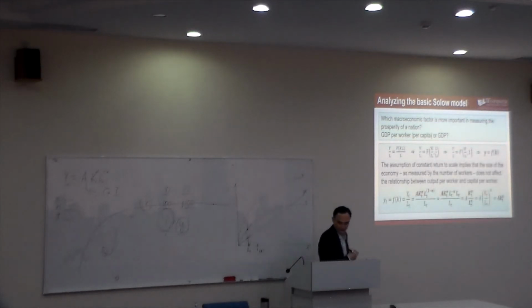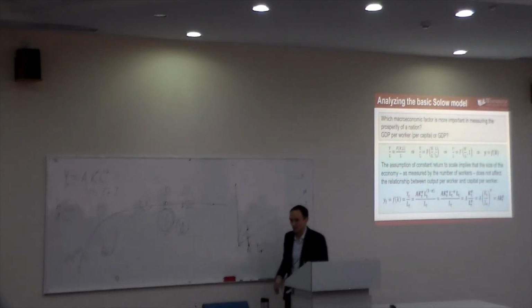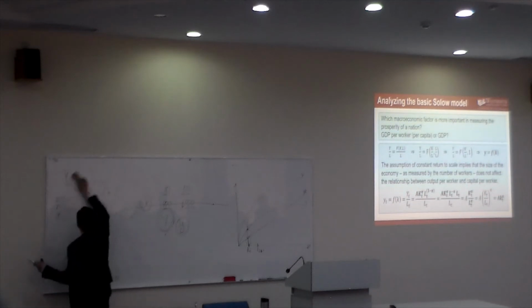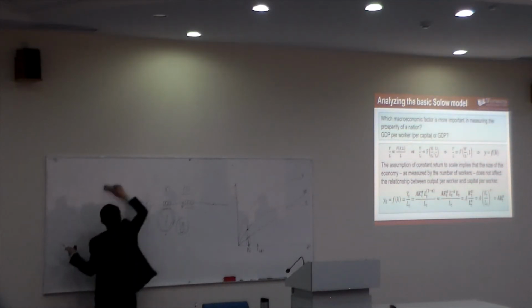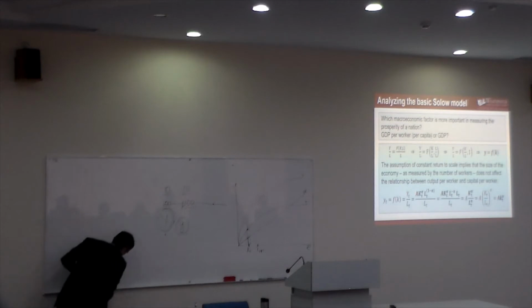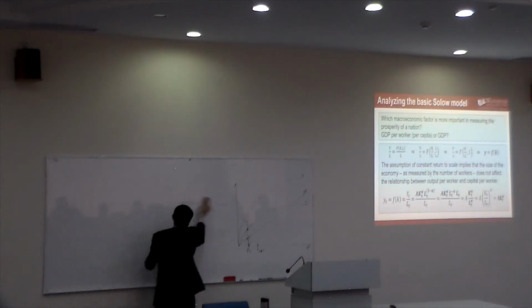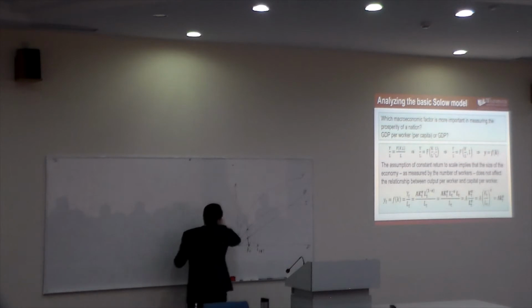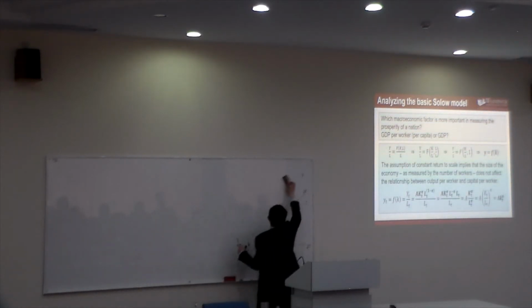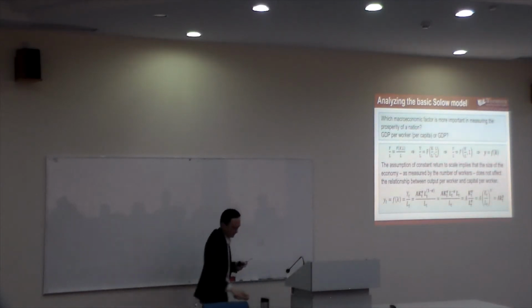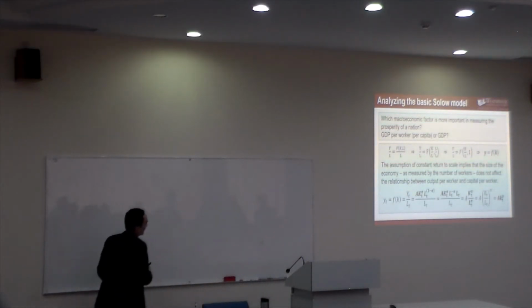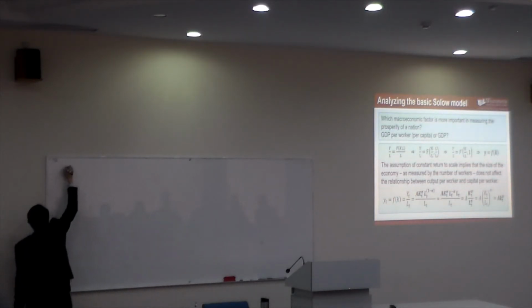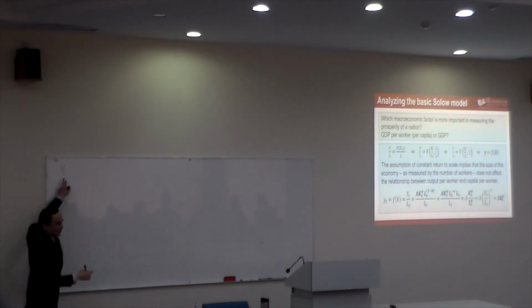Good. So now we will do some math on the board. We have the Cobb-Douglas production function, which is our Y. I'm not going to write the t always, but assume that it has t, discrete time.